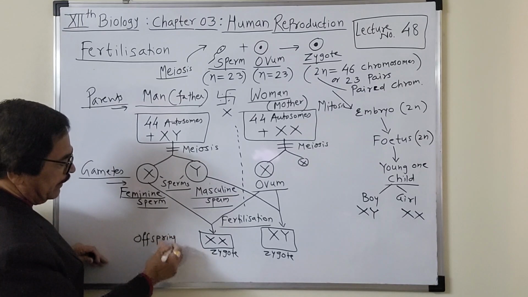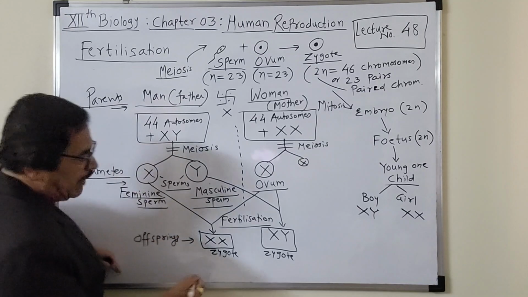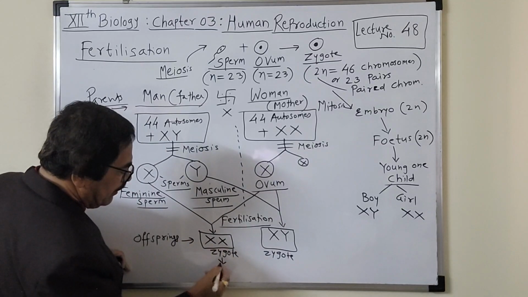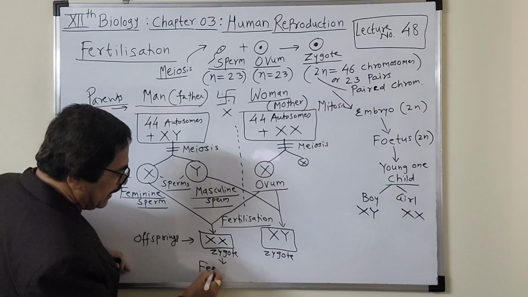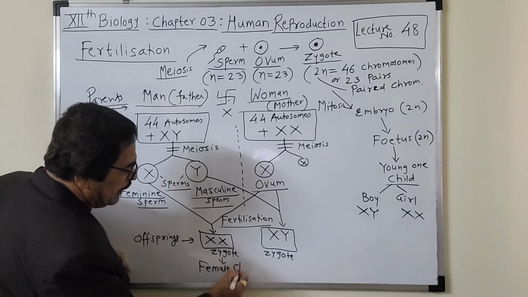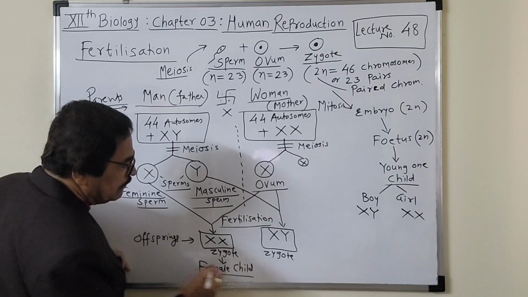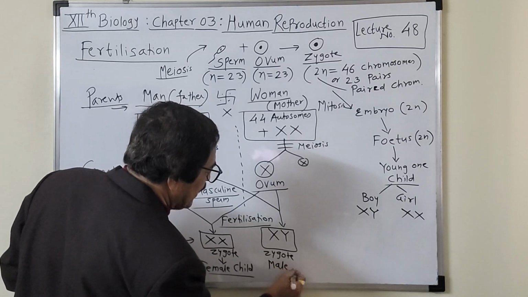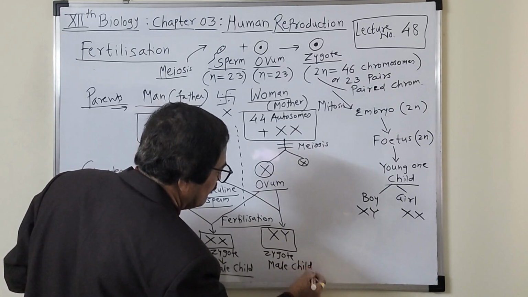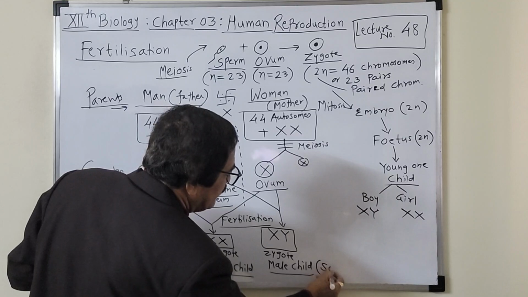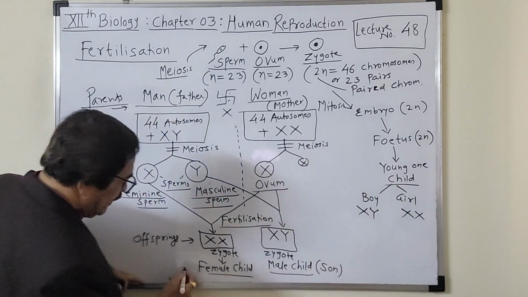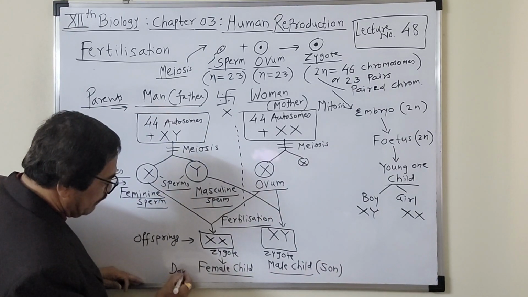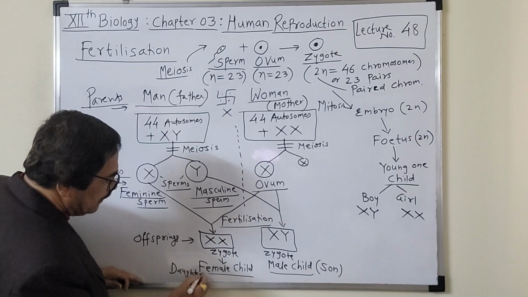progeny, ओके, तो वो कैसे होंगे। Now zygote with XX will develop into the female child। Female child means daughter, and zygote with the XY will develop into the male child, that is son। So whether son is to be born or whether daughter is to be born, that is decided by whom, my friend?